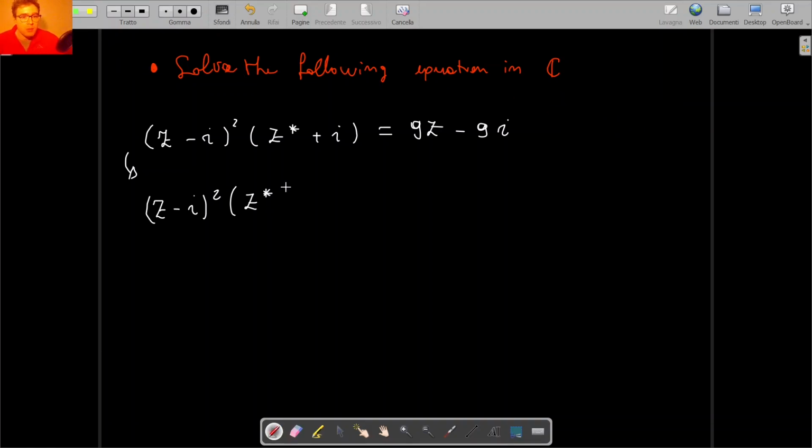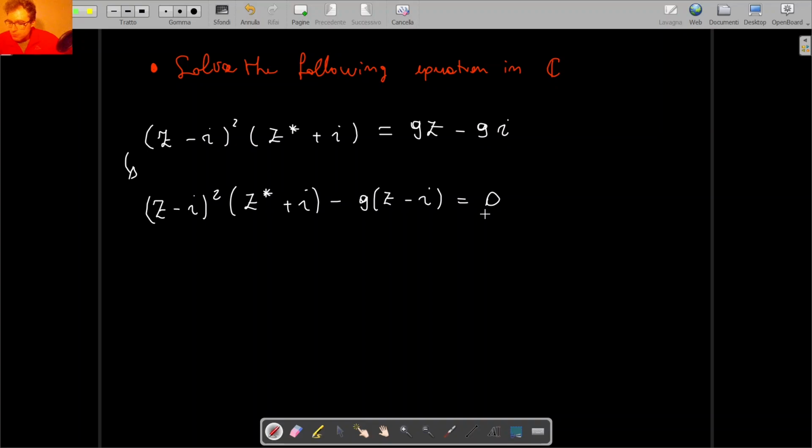Then minus 9 times (z minus i), and this is equal to 0.